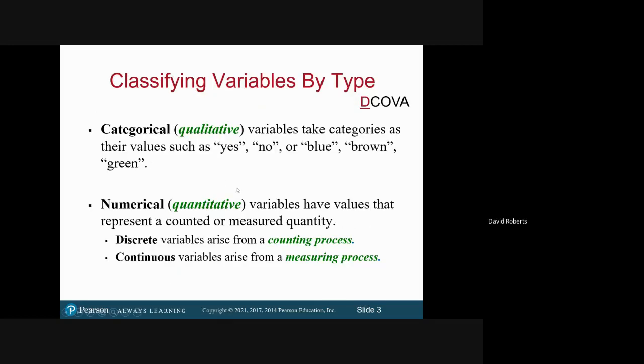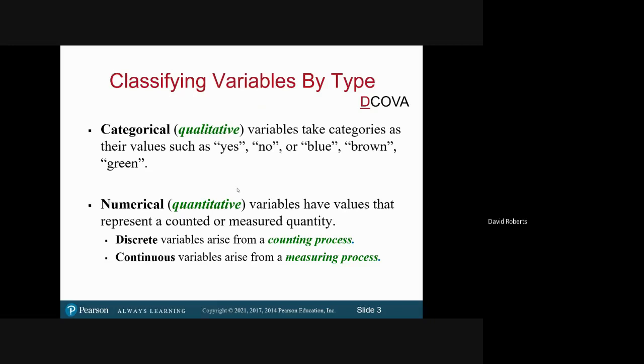So you have categorical variables, such as yes, no, things like colors. It could also be things like dent, scratch, chip, things along this line. And then, of course, you have quantitative or numerical variables that the discrete ones are counting.